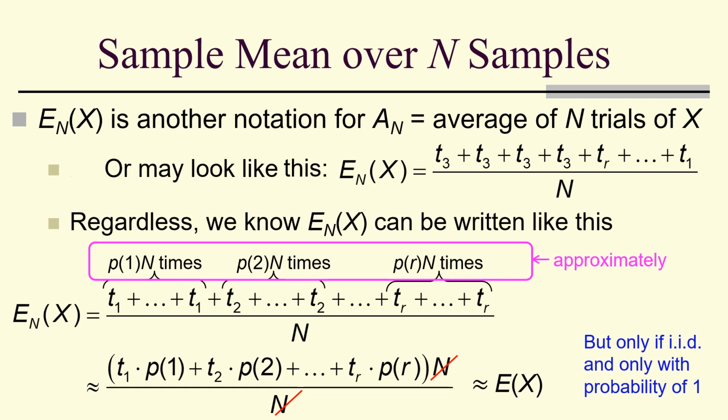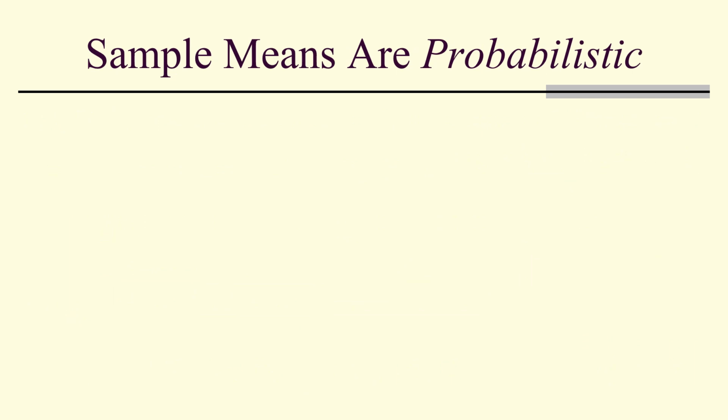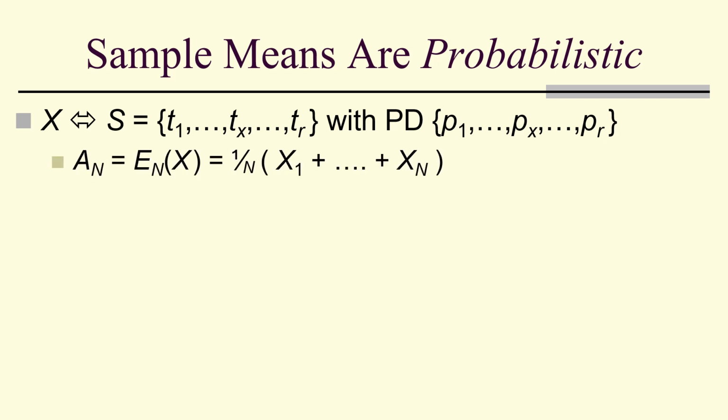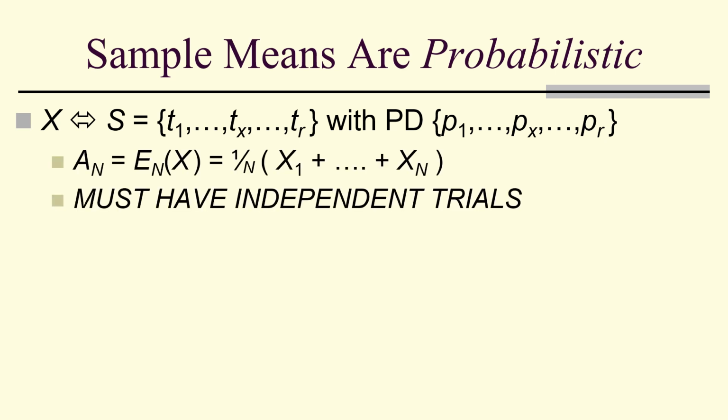But only if we have IID and only with a probability of 1. In other words, sample means are probabilistic. So if we have x associated with S with this probability distribution, P1 to PR, there's our sample mean, and we have to have independent trials that we're summing over for the sample mean.